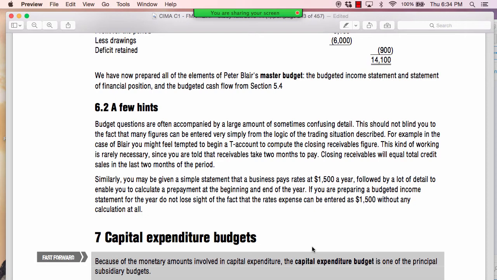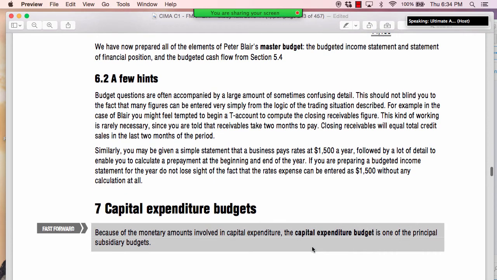All that about last year and this year was a lot of noise, isn't it? All you have to look at is, what is the expense for a year? The rates expense is only 1,500. Is that clear now? Does that make sense to you? Anyone who doesn't understand, tell me, I will repeat it again.